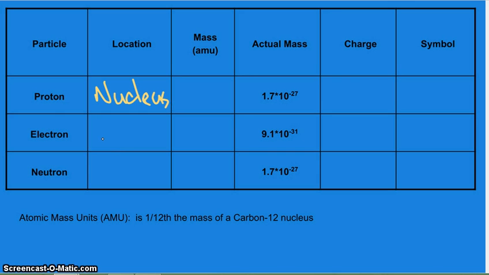And we also know that in the nucleus we have the neutron. So both the proton and the neutron are both found in the nucleus. And for now, we are going to say that the electron is found outside the nucleus. This will get more complicated, but for today, outside the nucleus.